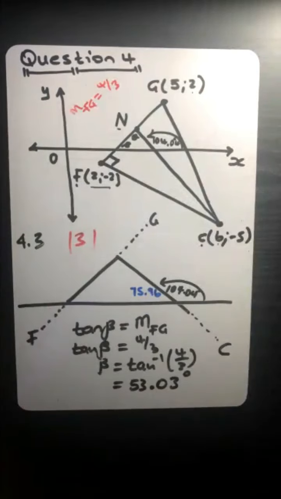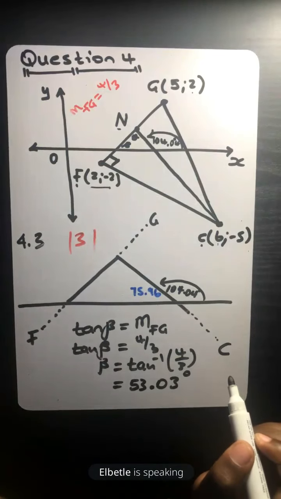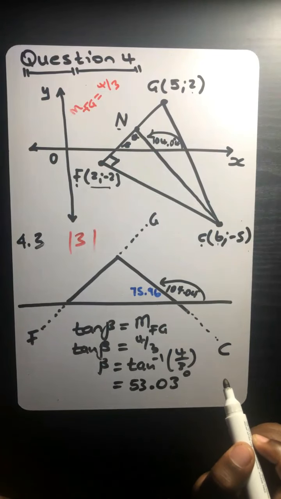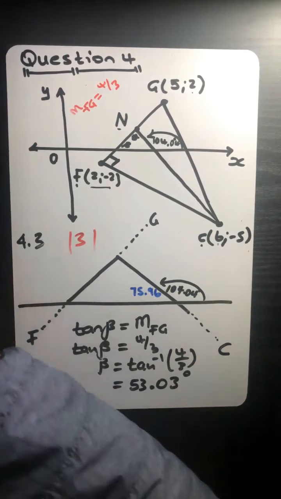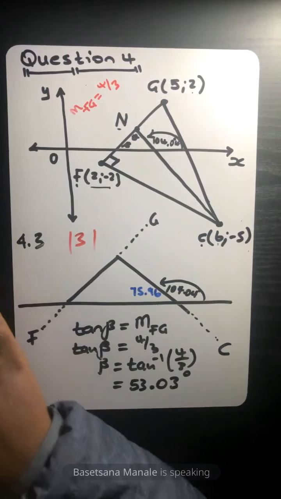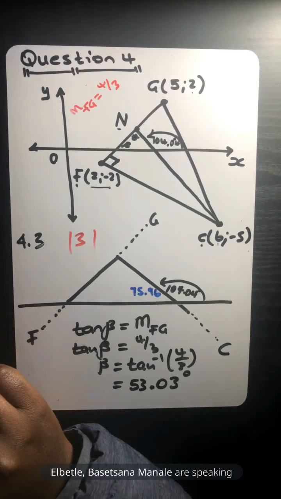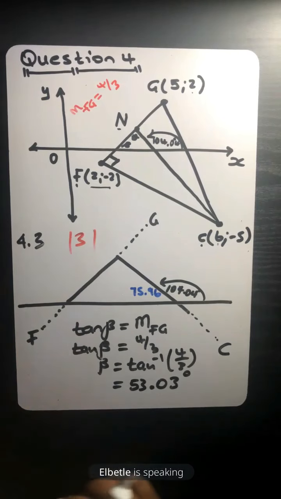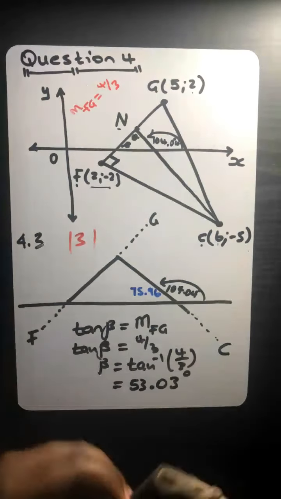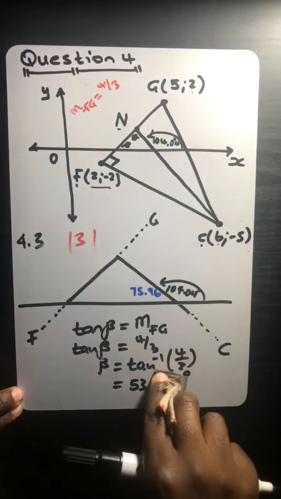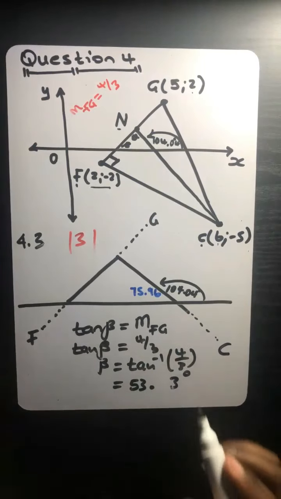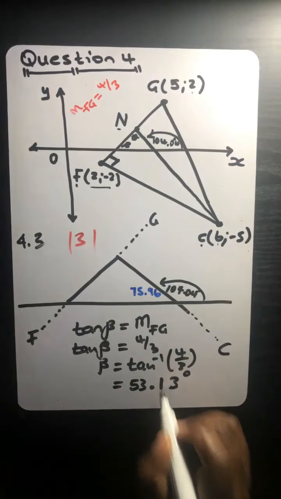Wait, guys, what am I writing incorrectly? Let me just check. 53,13, sir. 53,13. Oh yes, 53,13.